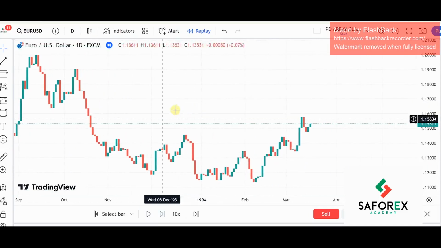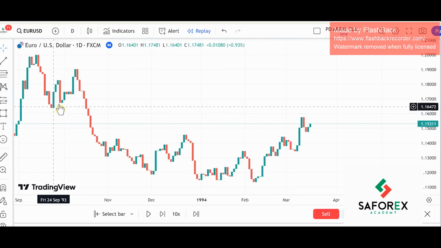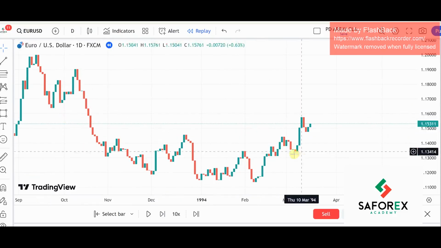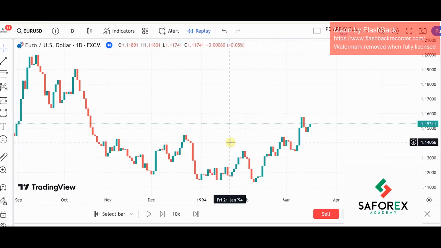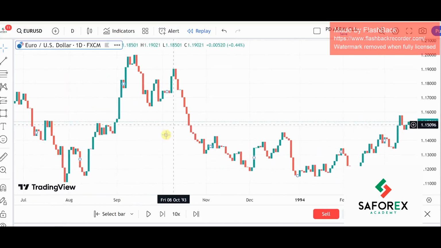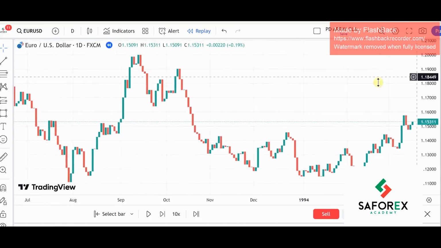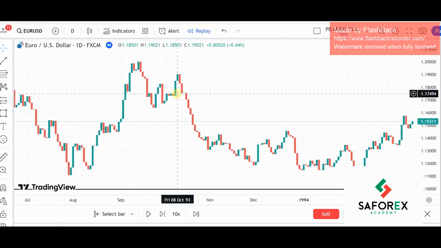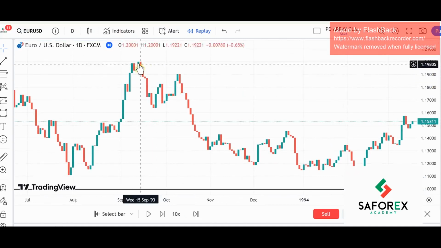Okay, so we have like this now. See this market now. Look at this order block here. This last green candle here.